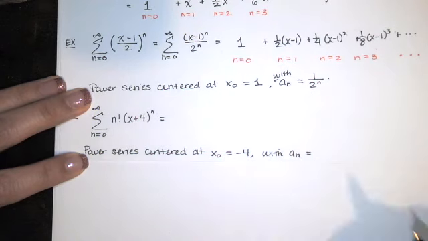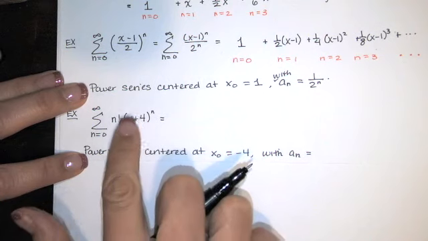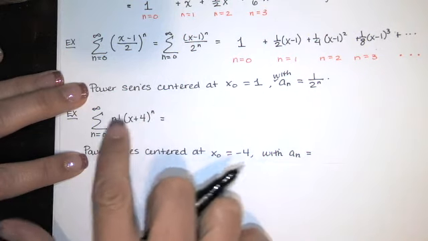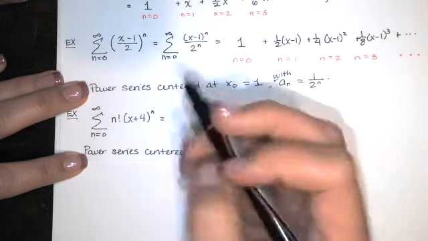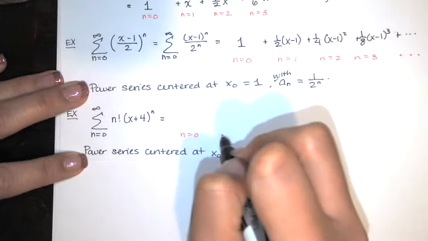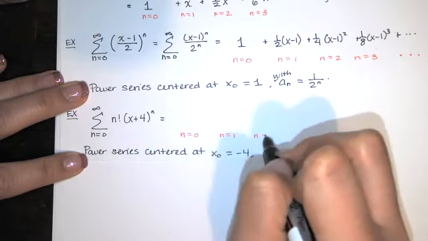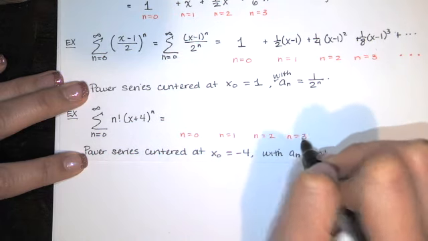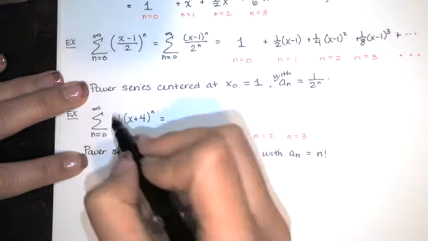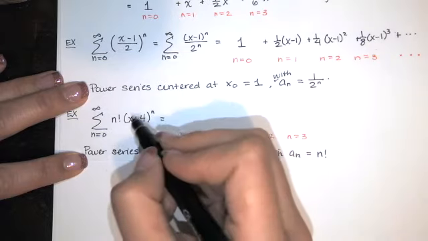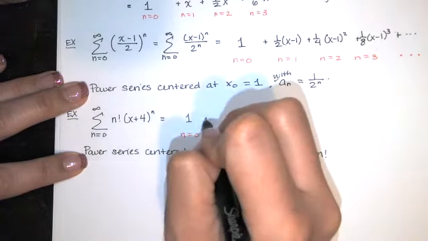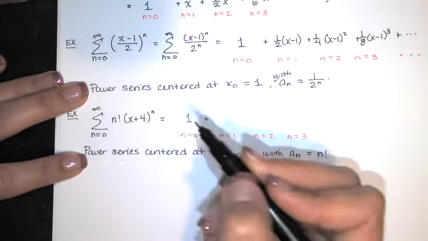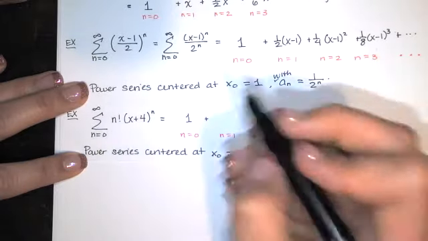And a sub n is the formula for the coefficient of that x minus x naught to the n. In this case, our a sub n is n factorial. So let's substitute n equals 0, n equals 1, n equals 2, n equals 3, just to get a sense of the pattern. So I have 0 factorial, which is defined to be 1, times x plus 4 to the 0, which is 1. And then when n equals 1 here, we have 1 factorial times x plus 4 to the first.